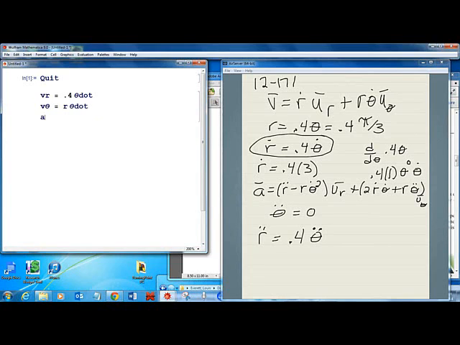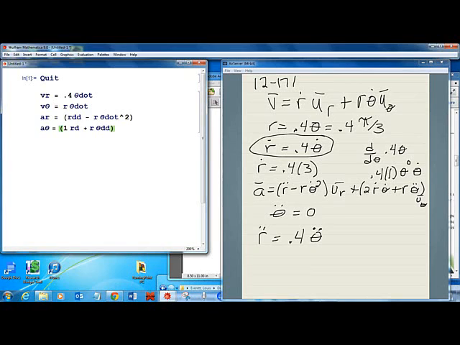Let's see, A R is R double dot minus R theta dot squared. The calculator would be so much easier. A theta, I'll call it, equals 2 R dot theta dot plus R theta double dot.